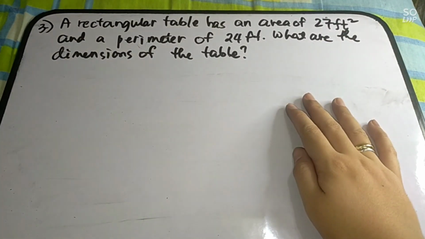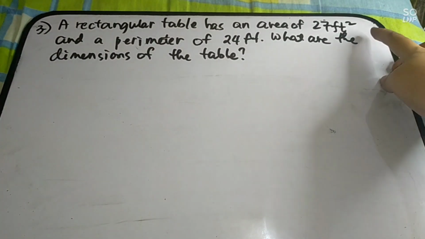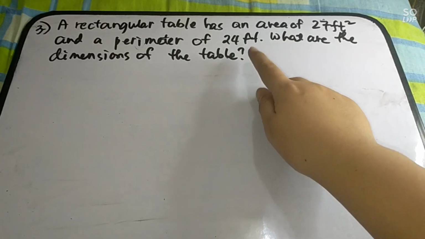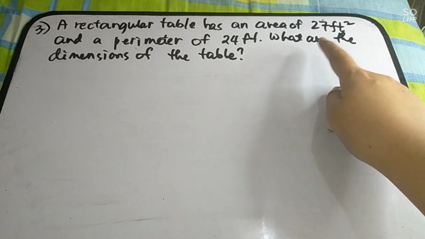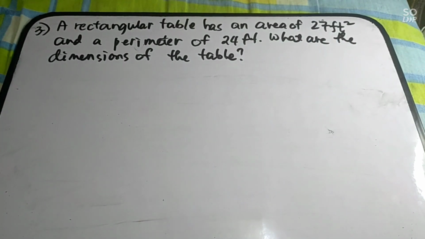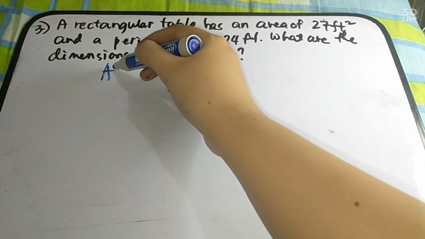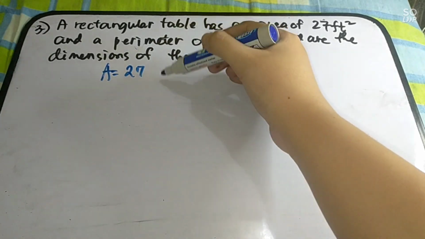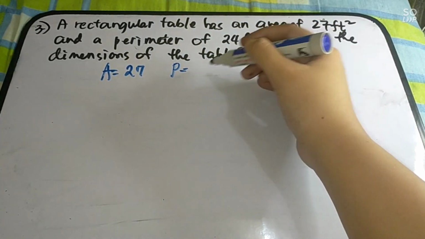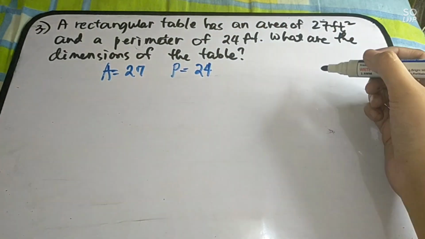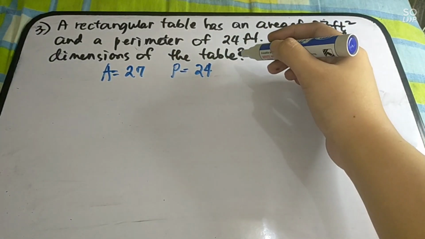A rectangular table has an area of 27 feet squared and a perimeter of 24 feet. What are the dimensions of the table? So, ang given natin ay area of 27 and a perimeter of 24. Let us have the formula for the area.